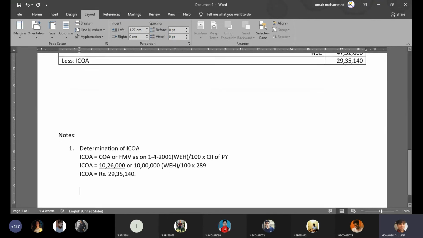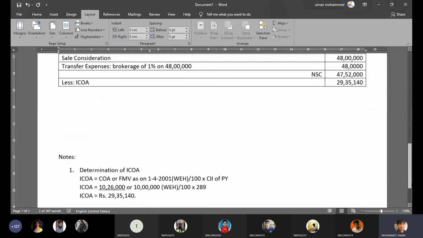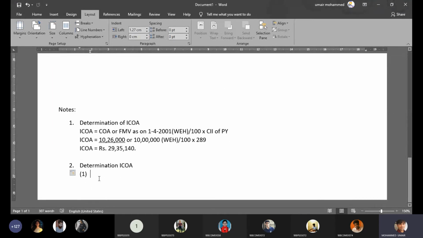Next, determination of index cost of improvement. So in fact, there are 2 index costs of improvement in this. The first one was in the year, she constructed a room on ground floor in Jan 2001. First improvement was done in the year 2001.